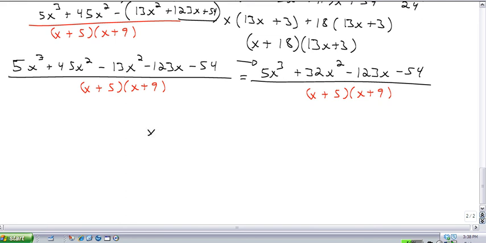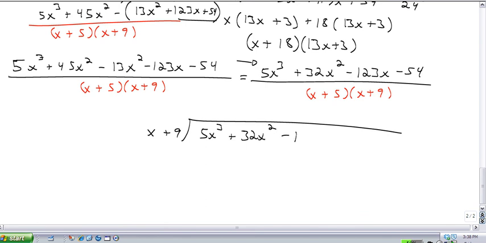So, I'm going to divide x plus 9 into 5x cubed plus 32x squared minus 123x minus 54. So 5x squared, 5x cubed plus 45x squared.